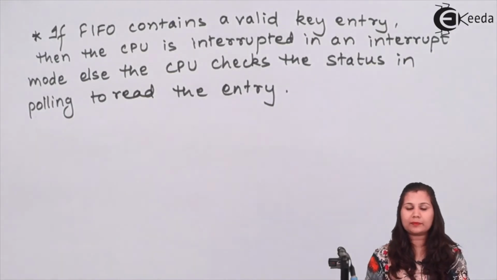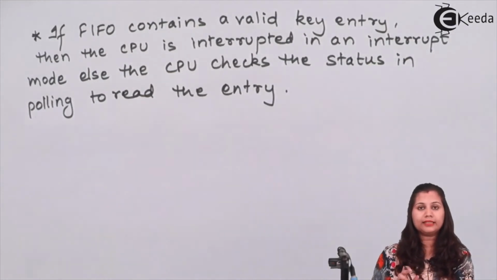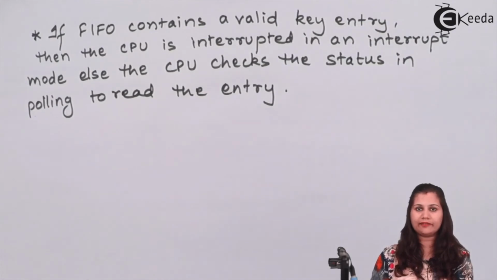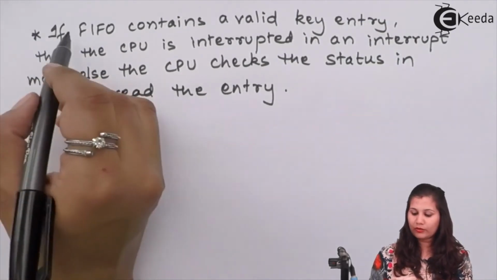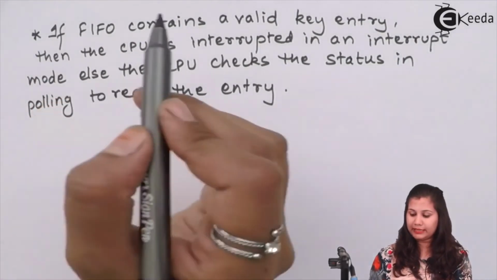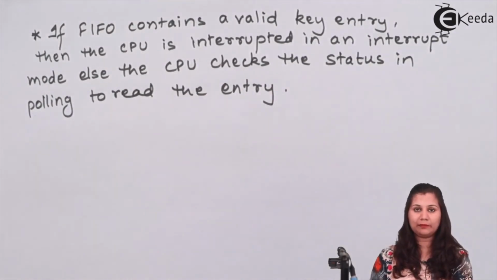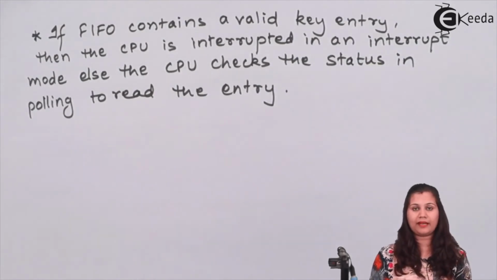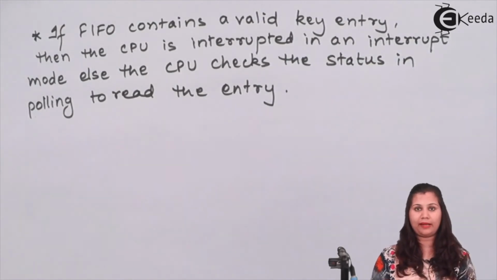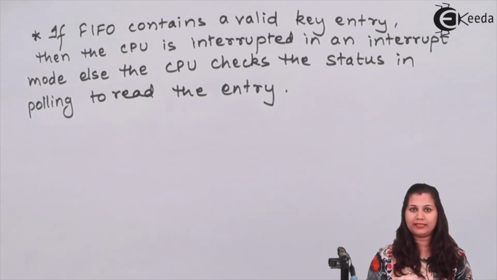Now, when a key is pressed, the key code of that key is saved in the FIFO. If the FIFO RAM contains a valid key entry, it shows that a key has been pressed. Valid we are saying because whenever 8 keys or more than 8 keys are pressed, that is not a valid key entry.